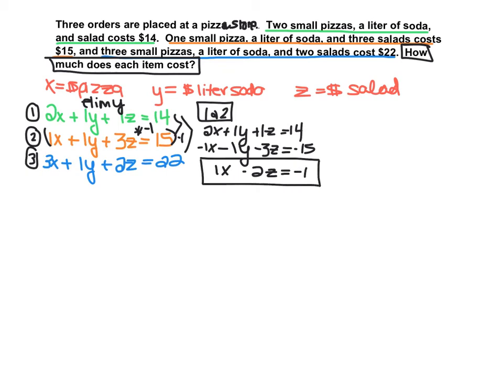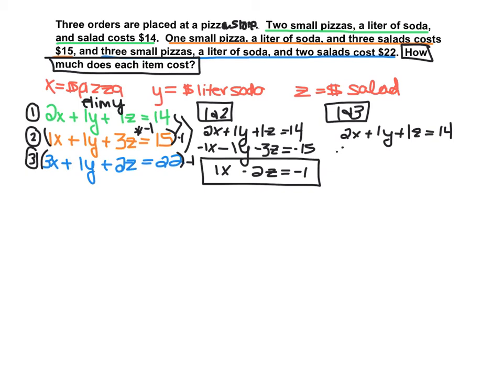So I have my first equation there that contains only two variables. Then from here, I'm going to combine equations 1 and 3. So the first equation is 2x plus 1y plus 1z is equal to 14. And then I'm going to multiply equation 3 through by negative 1 so that those y's have the same but opposite coefficients.